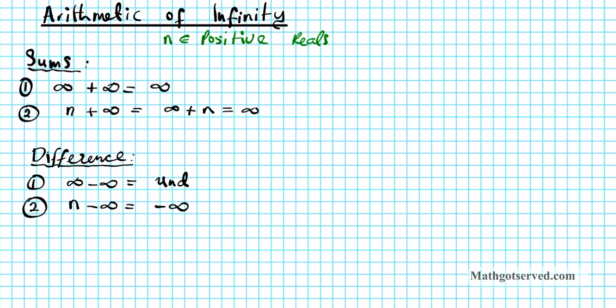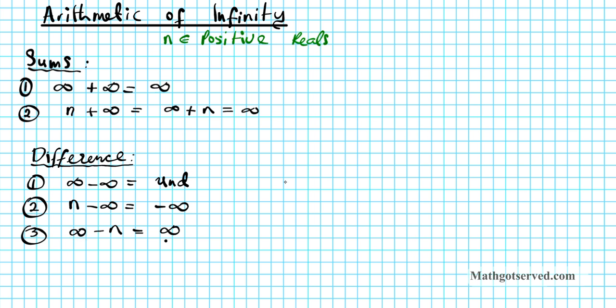And if we commute this, we're going to have infinity minus n. This is equal to infinity. Notice we know that subtraction doesn't commute like addition does. So infinity minus a small positive number, relatively speaking, is infinity because this number has no impact on this tremendously large number here.